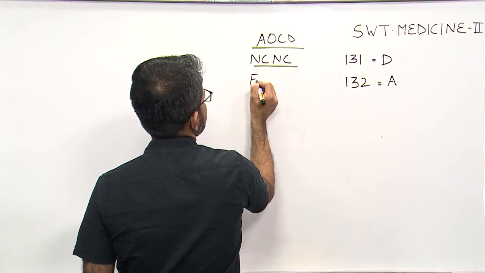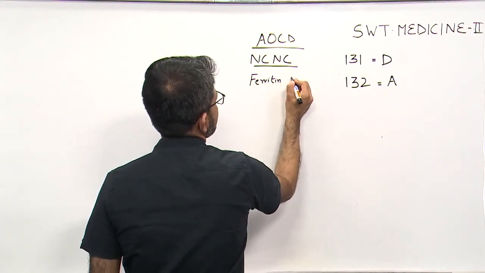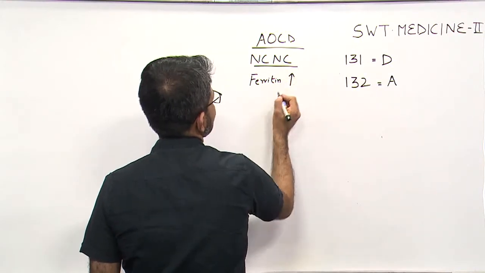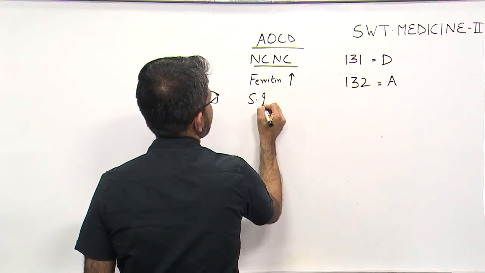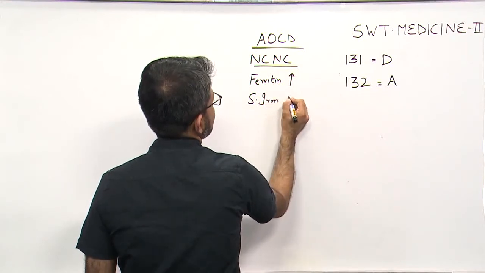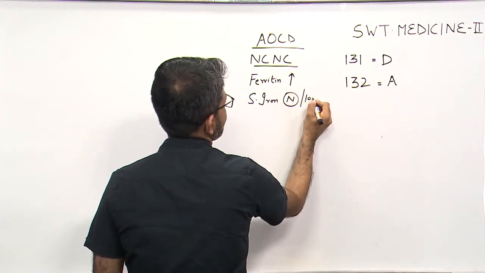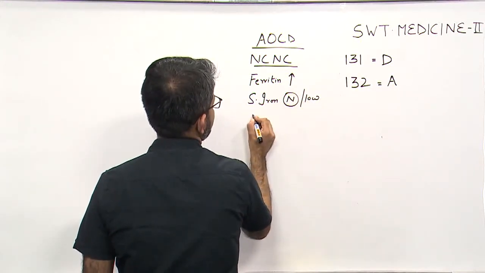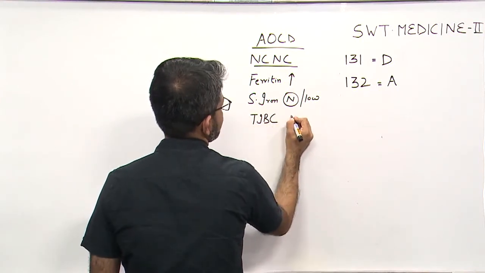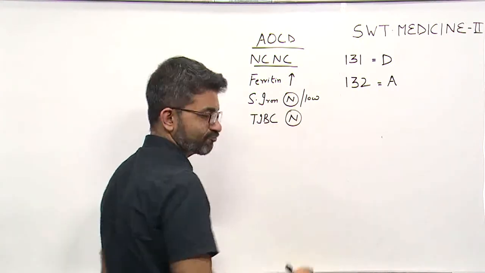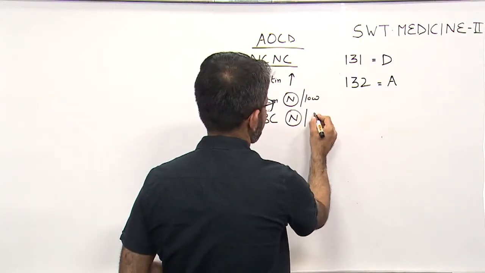Serum ferritin is increased as a marker of inflammation. Serum iron is usually normal or it would be low. TIBC is usually normal and maybe sometimes low.